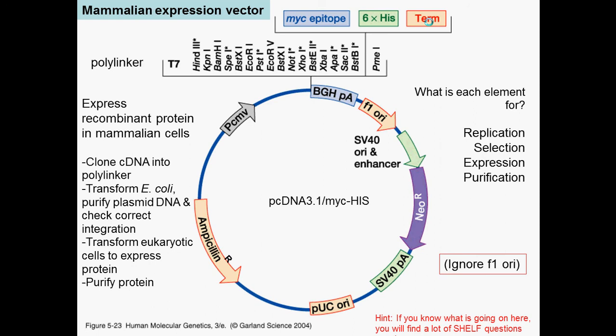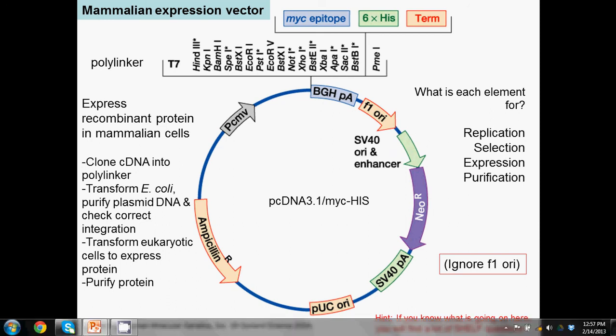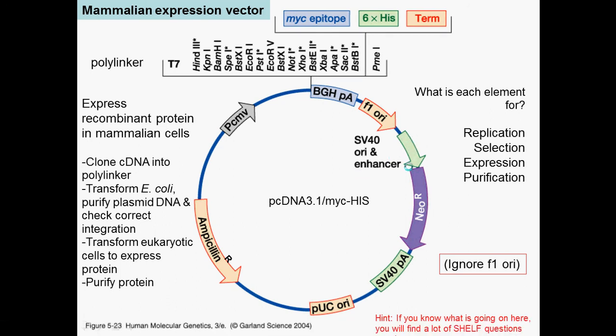UAG or UGA or UAA termination codon. So you have an AUG start codon here, and this F1 origin, you don't have to worry about what that is. And over here, most likely you have a promoter for the neomycin, and poly-A tail for the neomycin, and then you have the origin.